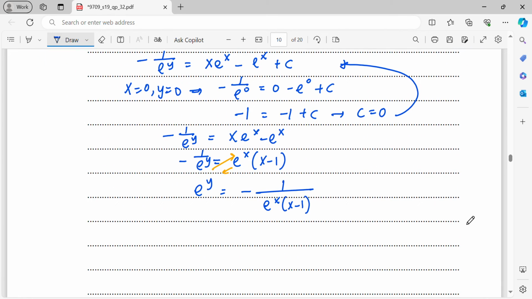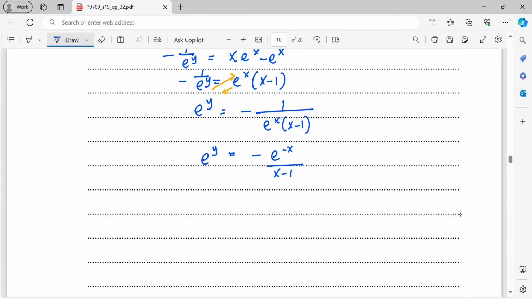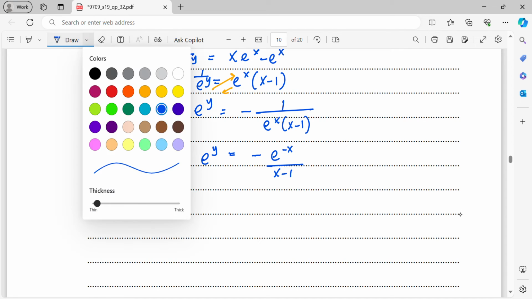Now, to make it nicer, because I don't want e^x in the denominator, you can just move it up. Once you move up, it will be negative e^(negative x), then over x minus 1. Okay, this is your function. Then to get y as the subject, you can just take ln both sides. At the same time, this minus you put down, you times into the denominator.